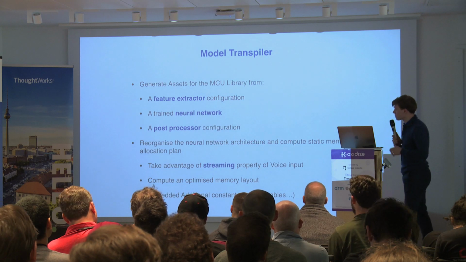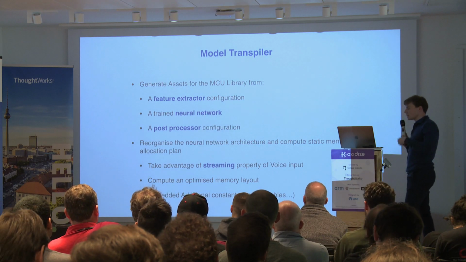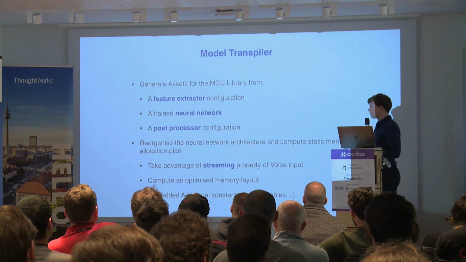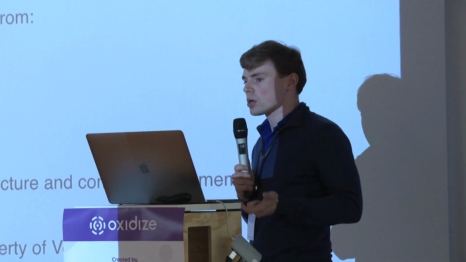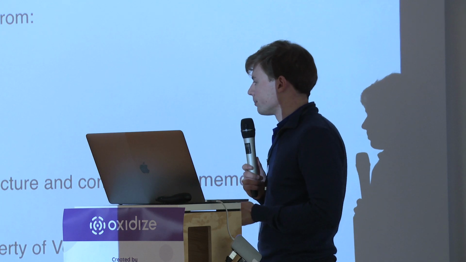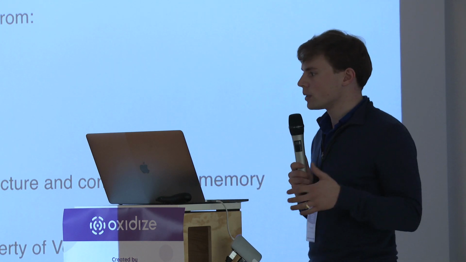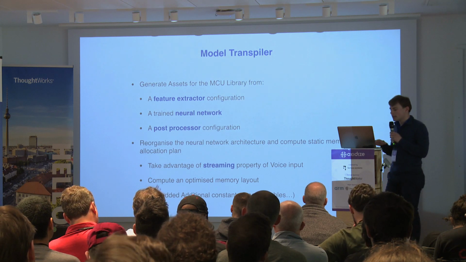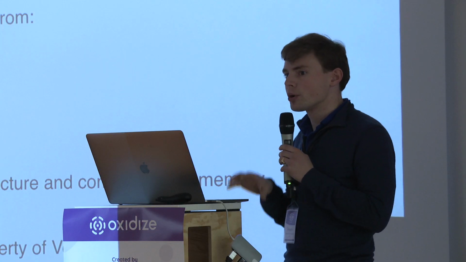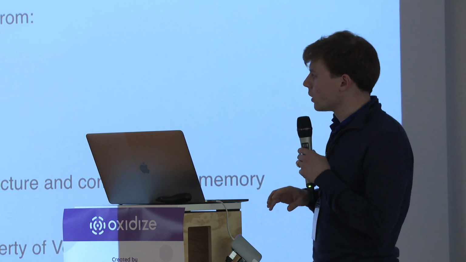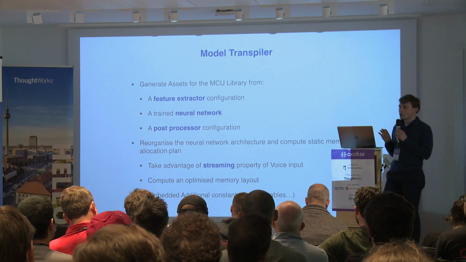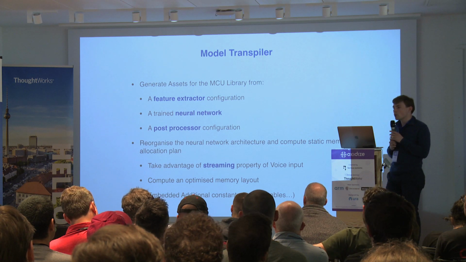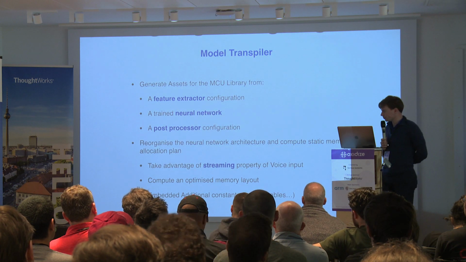So how will the model transpiler work? We take a feature extractor configuration, as I explained before, a trained neural network, and a post-processor configuration. Then what we do is reorganize the neural network in a way that optimizes the operations with the weights. We also compute a memory plan for allocation, because RAM usage is very critical.